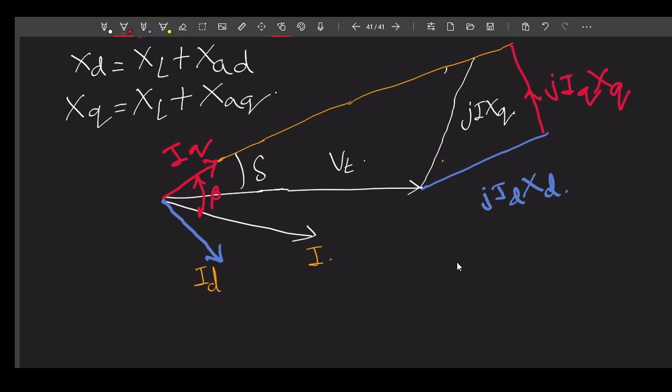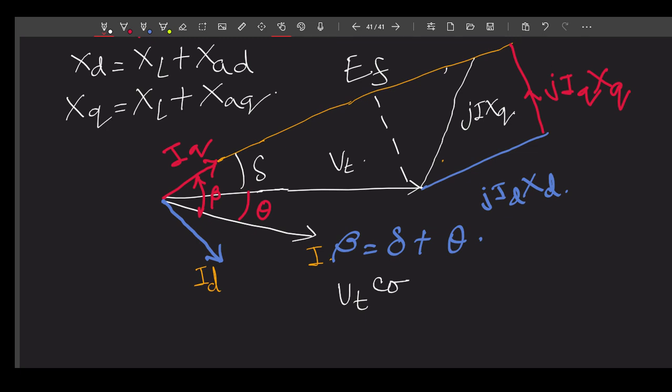So in other way we can say if this angle is theta, then, in order to figure out this arm of this tool or regulation, what you should do is to draw a perpendicular on this, and that will yield a very straightforward relation like Vt cos delta plus Xd Id is equal to your EF.